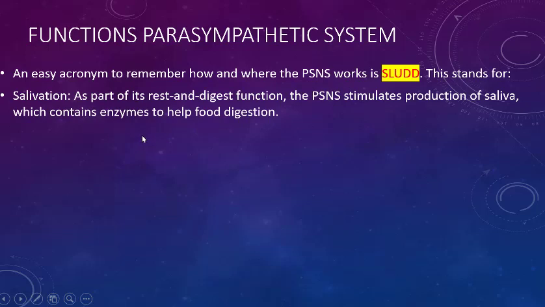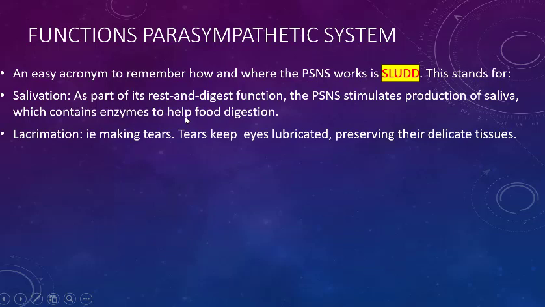As part of its rest and digestive function, the parasympathetics stimulate production of saliva, which contains enzymes to help food digestion. So S is for salivation, L is for lacrimation, and it makes tears.